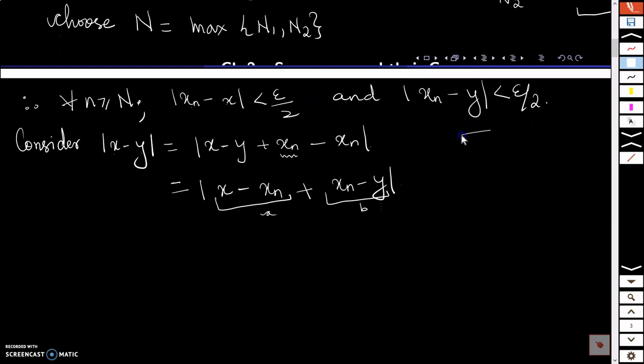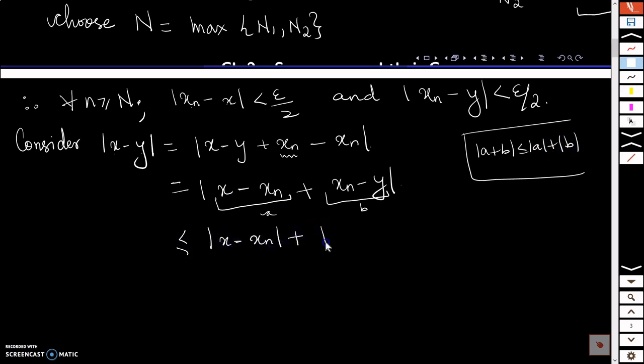We know that modulus of a plus b is less than or equal to modulus of a plus modulus of b. So I will apply this here. So this will be less than or equal to modulus of a, that is x minus xn, plus modulus of xn minus y. This is by triangle inequality.